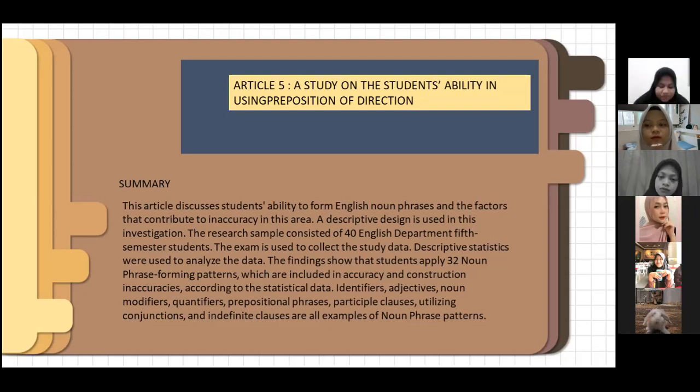The findings show that students apply 32 noun-phrase forming patterns, which include inaccuracy and construction inaccuracy according to the statistical data. Identifiers, adjective, noun modifiers, quantifiers, prepositional phrase, participle clause, utilizing conjunction, and indefinite clause are all examples of noun phrase patterns. Thank you.